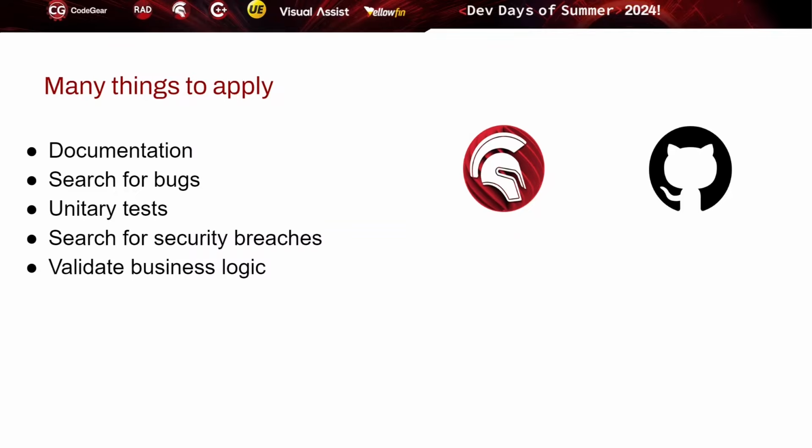Unitary tests: the LLM generates simple unitary tests for us. Security breaches, like I told you before, the case where we use it for verification. And last but not least, validate business logic.